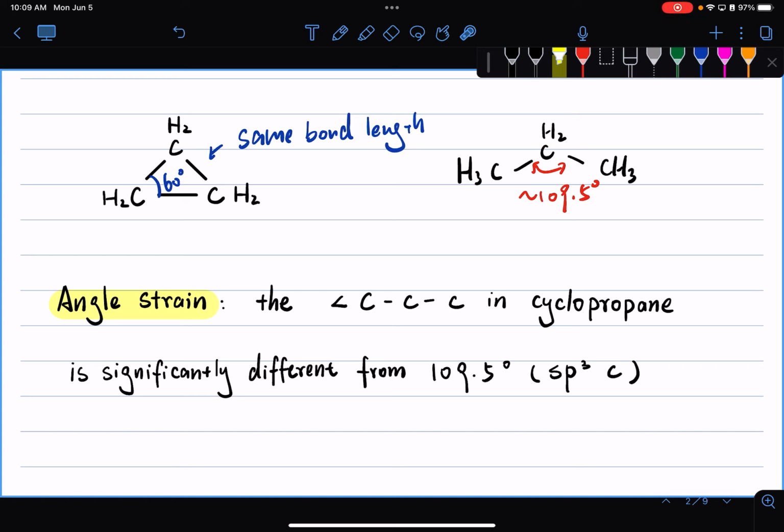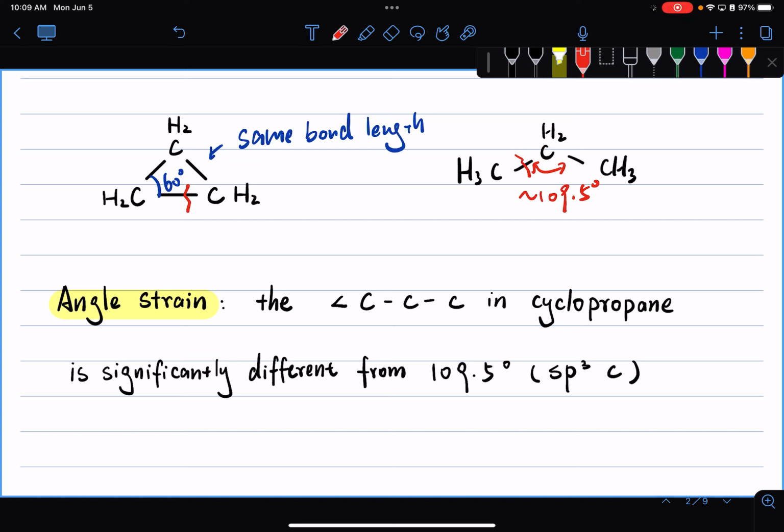So angle strain is one of the reasons cyclopropane is a very strained molecule. And when we say it's a strained molecule, there are several consequences of that. One obvious consequence is if you imagine cleaving this carbon-carbon bond and forming the open structure, that process is going to be thermodynamically more favorable compared to cleaving a bond in a linear molecule.